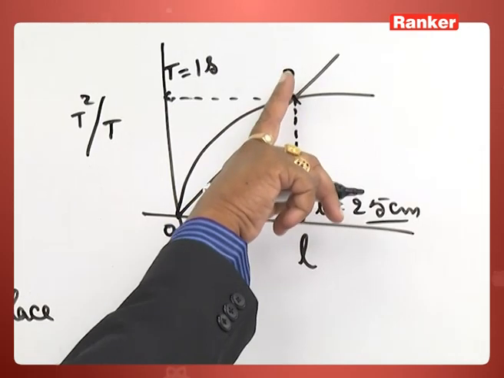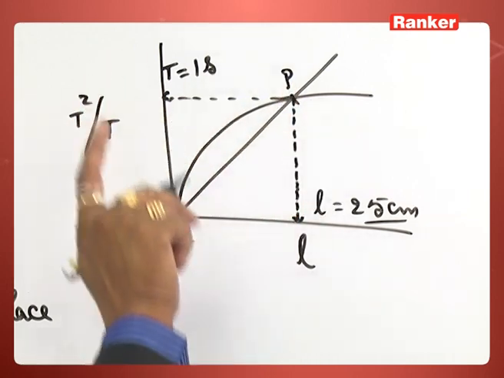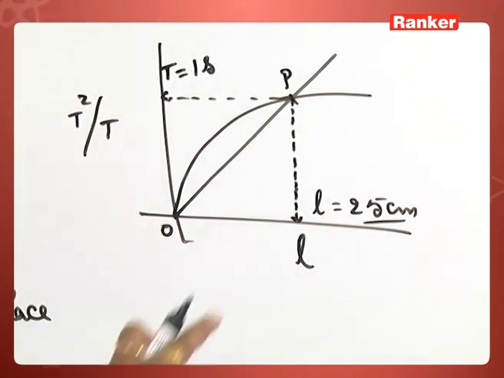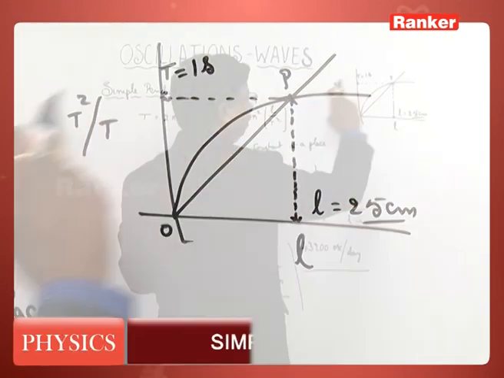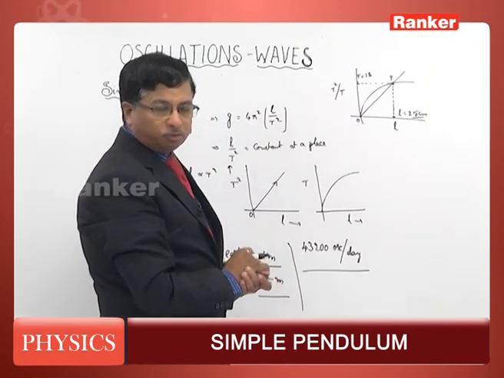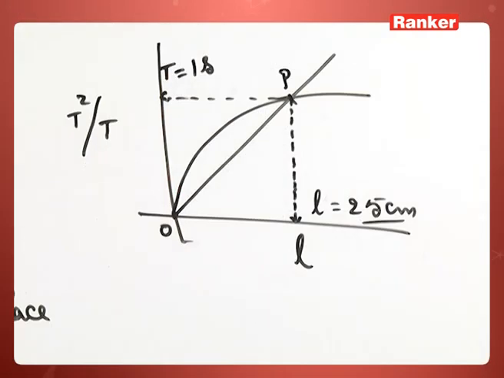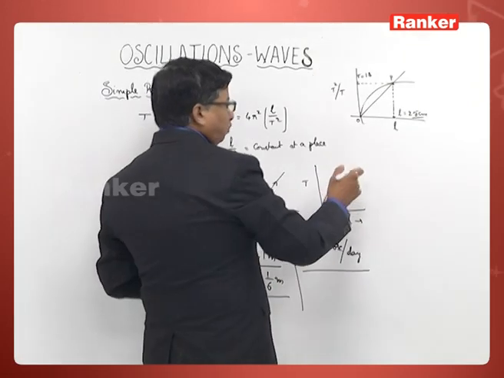At this point, what would be the length of the pendulum? That is 25 centimeter. What would be the time period corresponding to that point? That is going to be 1 second. So, this is one more point we have to remember. Come to the next one, please.